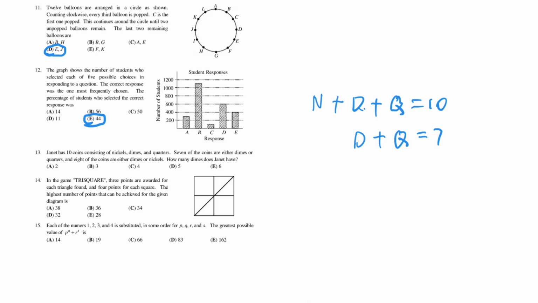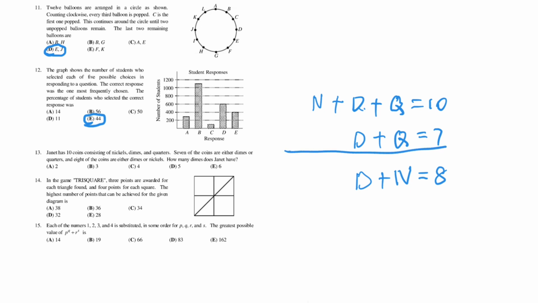And 8 of the coins are either dimes or nickels. That's dimes plus nickels equals 8. They ask how many dimes Janet has. So look at this one.